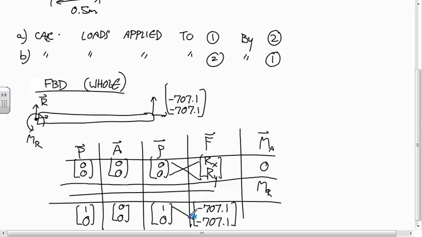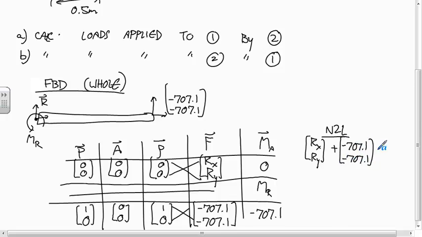And so the cross product is just minus 707.1. So Newton's second law says Rx, Ry plus negative 707, negative 707 is equal to zeros.